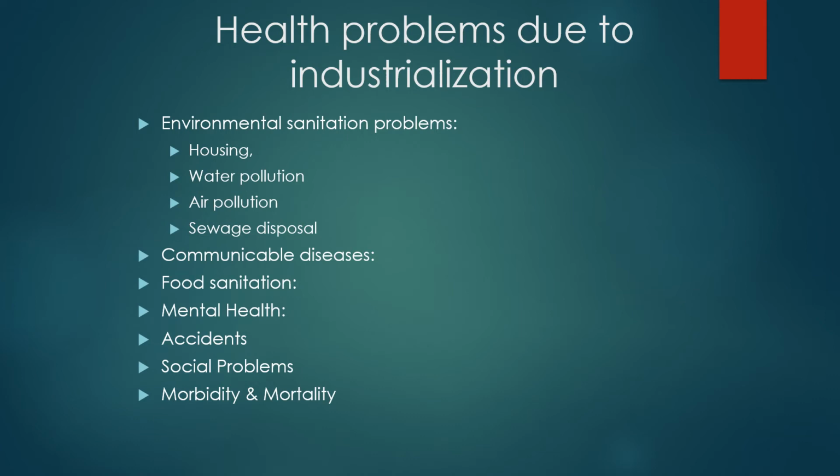Then food sanitation: foodborne infection has increased because working people start eating outside, on insanitary food that is available at a lower price, which leads to foodborne diseases like typhoid, viral hepatitis, etc. Mental health problems have also increased due to industrialization.